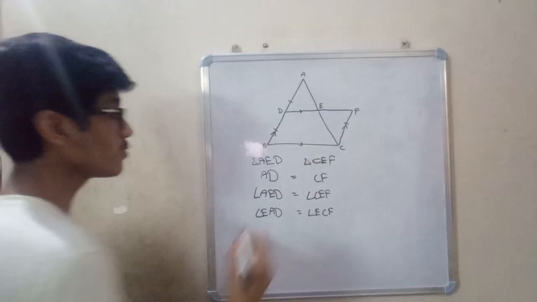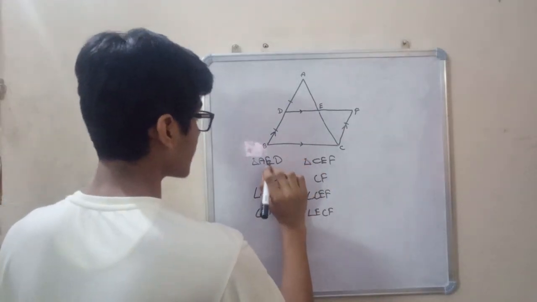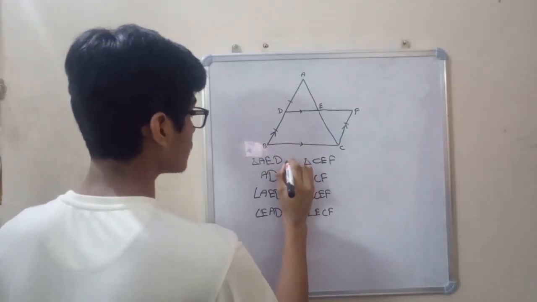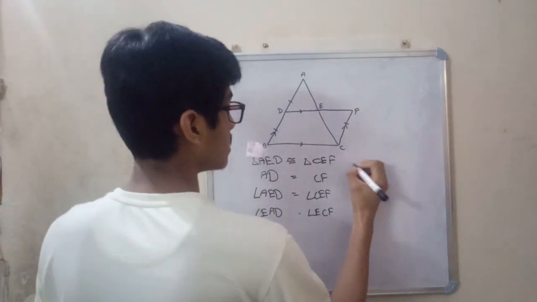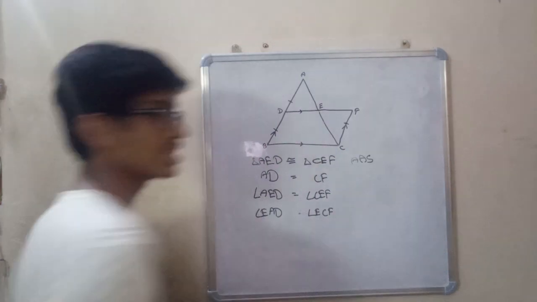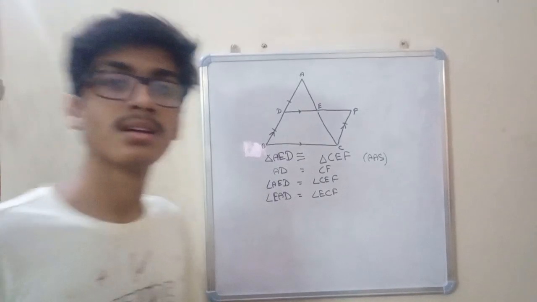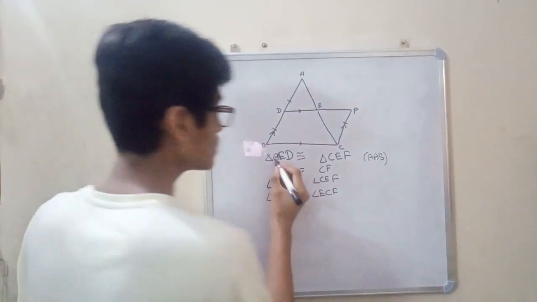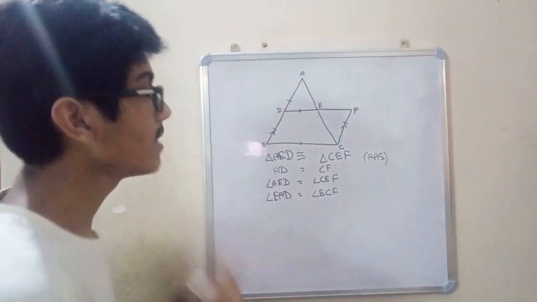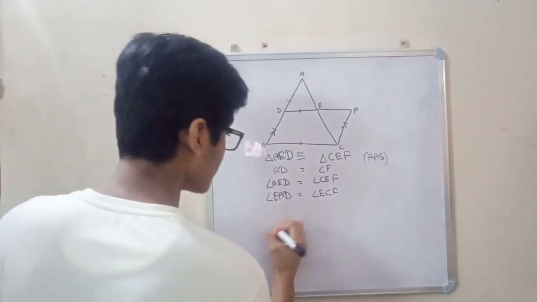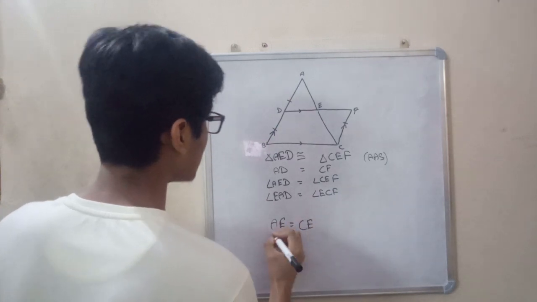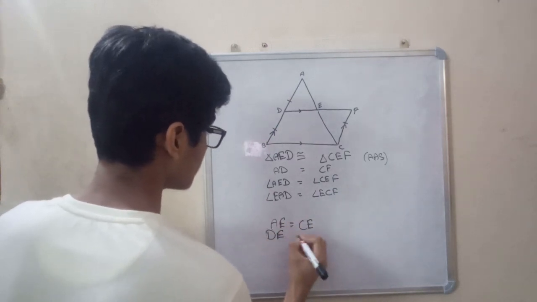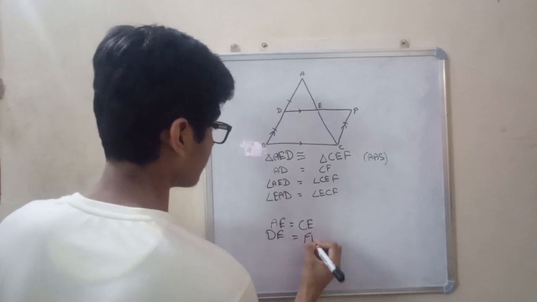So we have once again proved that triangle AED is congruent to triangle CEF by the property AAS or ASA, as you would like to call it. Now as these two triangles are congruent, by CPCTC, AE is equal to CE and DE is equal to FE.